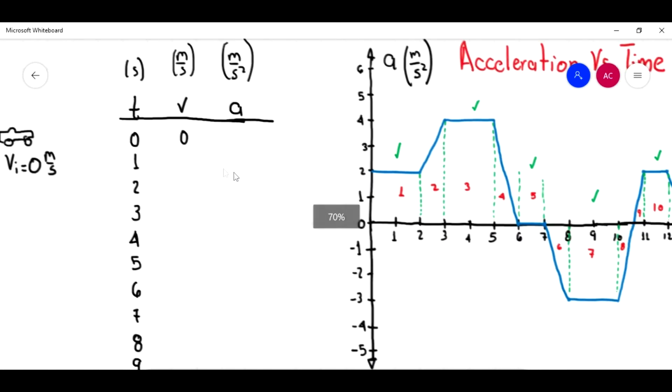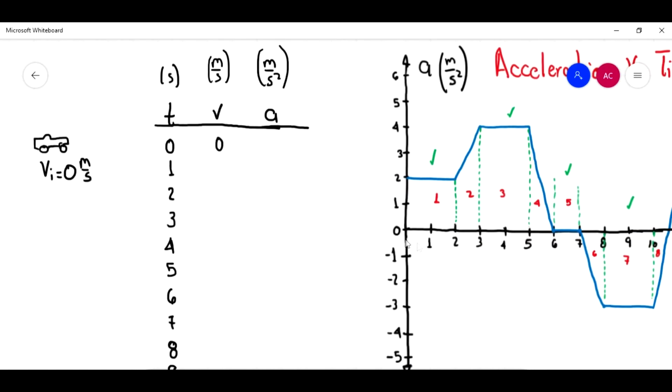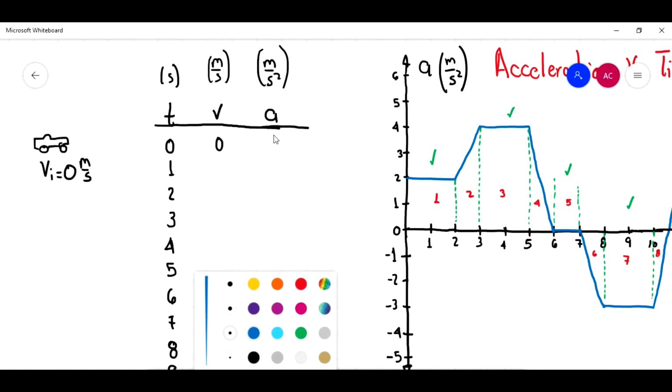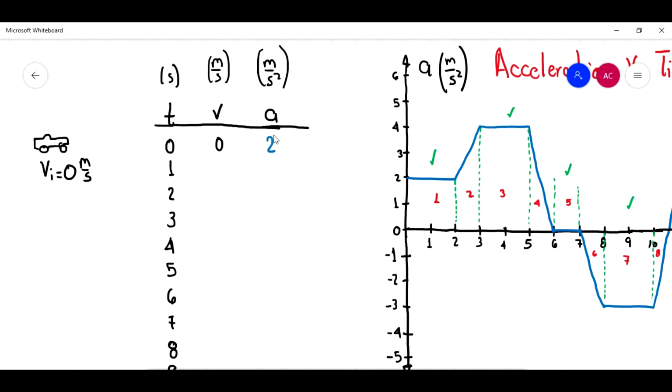So at second number 0, the velocity is 0 meters per second because I gave that initial state. But how much is the acceleration? The acceleration is 2 meters per second square.